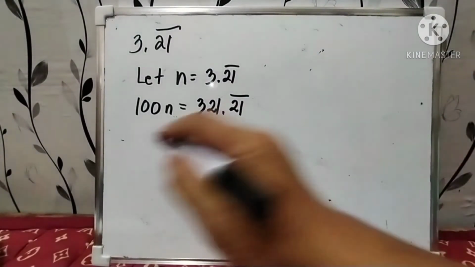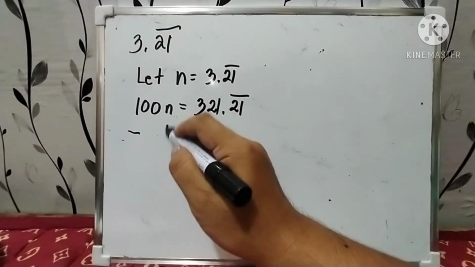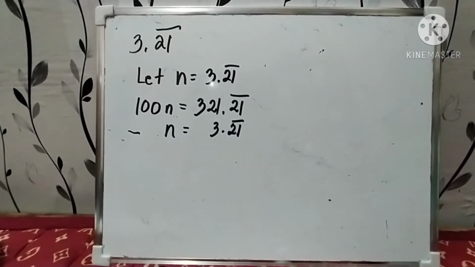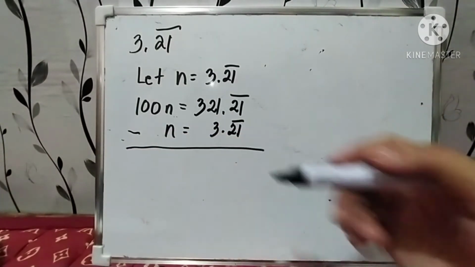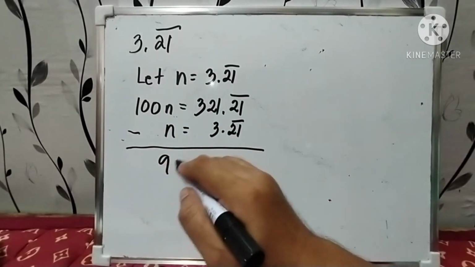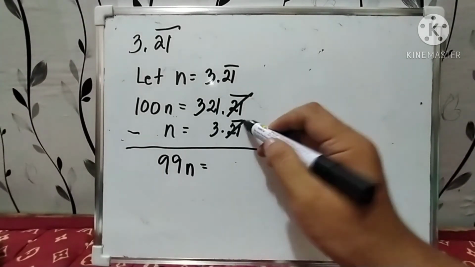Okay? Next, i-minus natin yung n. Minus n is equal to 3.21 na may vinculum. Ayan. So, ang lalabas dito, 100n minus n is 99n is equal to, ito makakancel out yon.